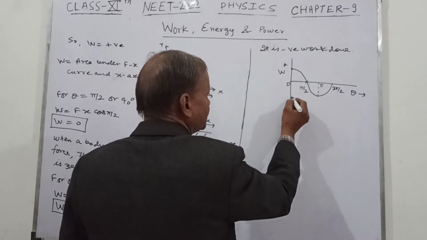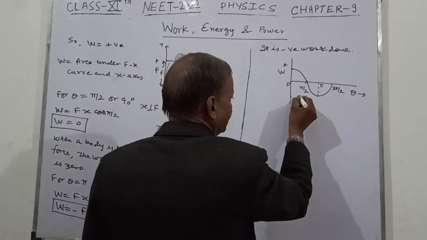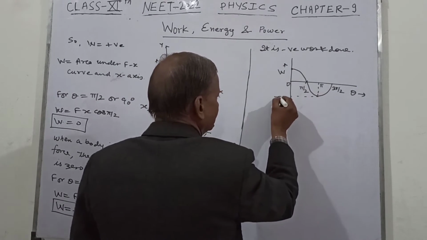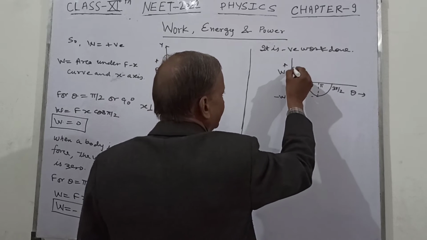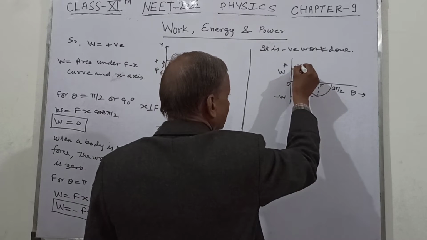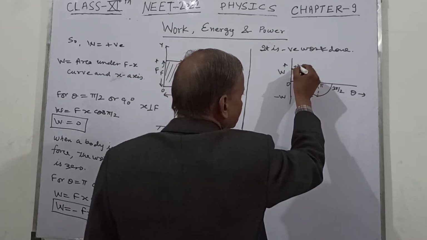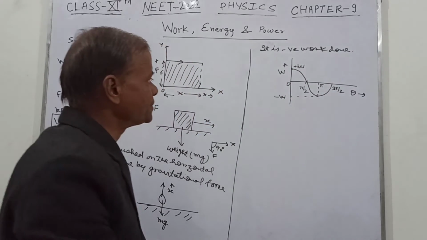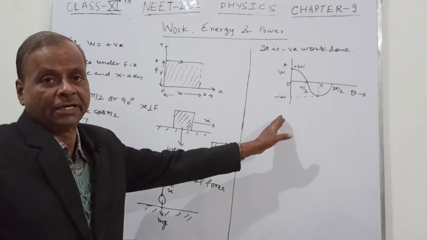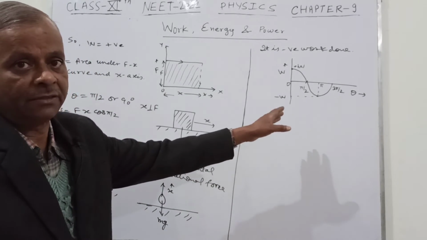So now the work done is positive, negative: here this is negative, minus W, and here this will be your plus W, and here this W is equal to 0. It means that the work done can be positive, negative and 0.